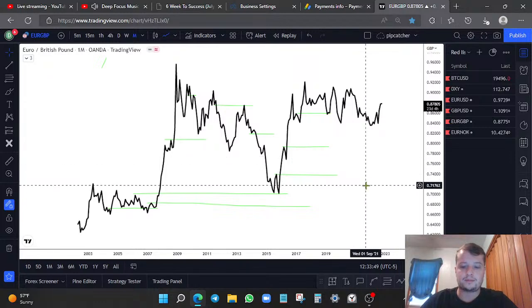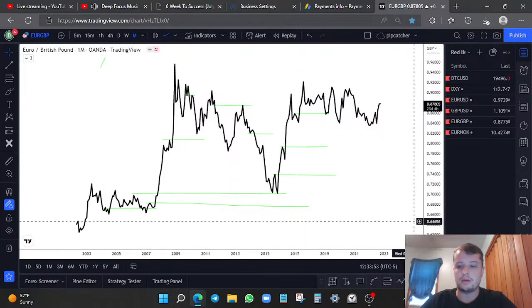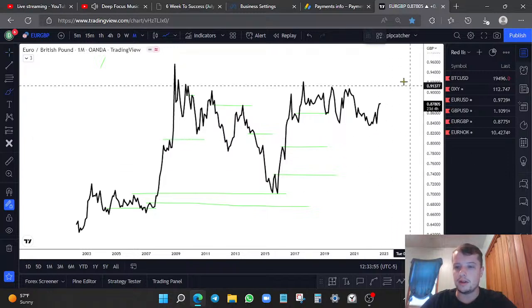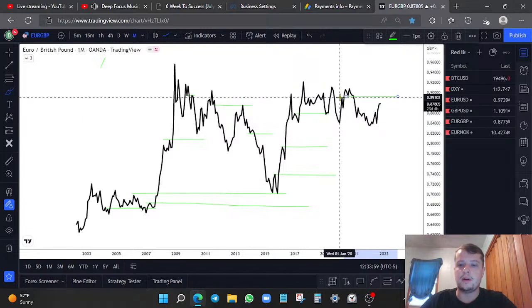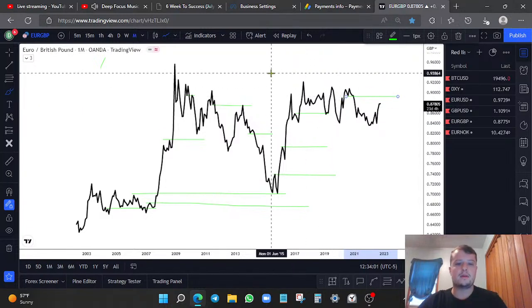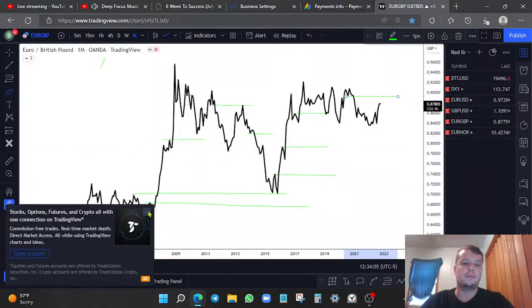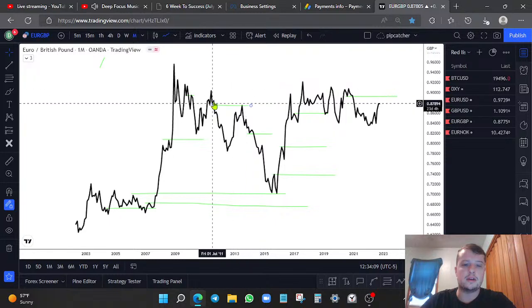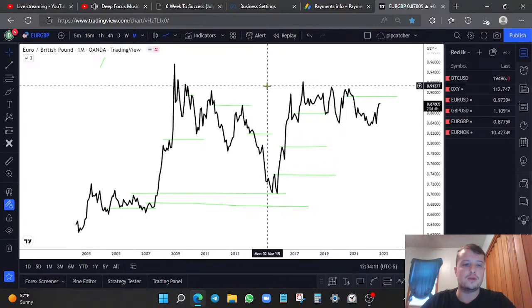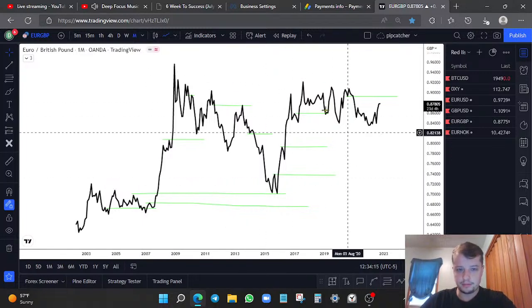So yeah, right now I'm just marking up some points of interest that we can potentially look at, basing off of last points of sells and last points of buying before a huge move to the downside.